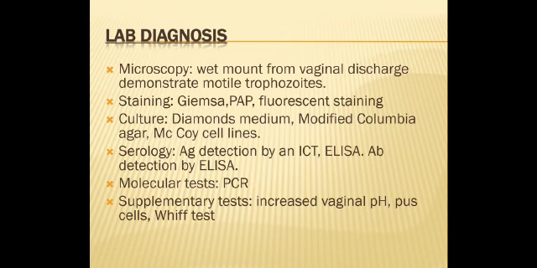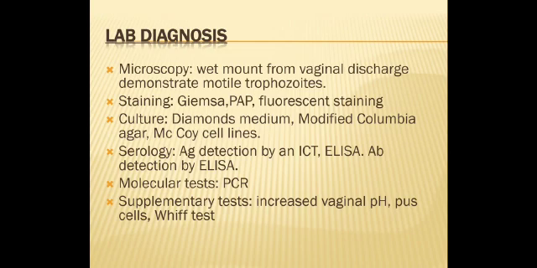For diagnosis we always do a demonstration of the trophozoite from the white discharge or the vaginal discharge. Antigen test by ICT or ELISA, antibody detection by ELISA are available. Molecular test by PCR and film array is also available.